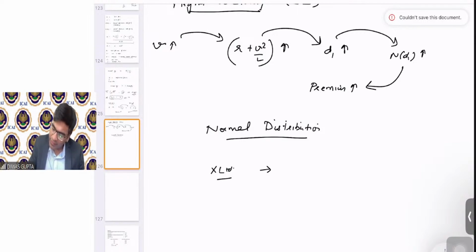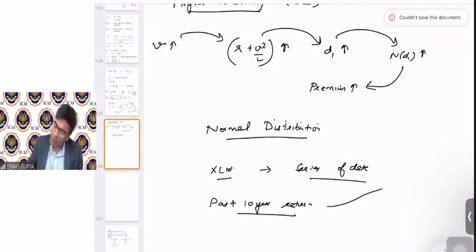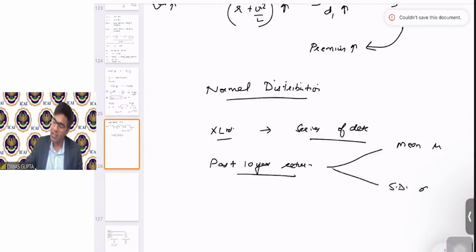We have taken the series of data here. What is the series of data? Let's say it's past 10 years returns on a daily basis. Basis that, can you arrive at mean and standard deviation? Yes, you can arrive at the mean and standard deviation.